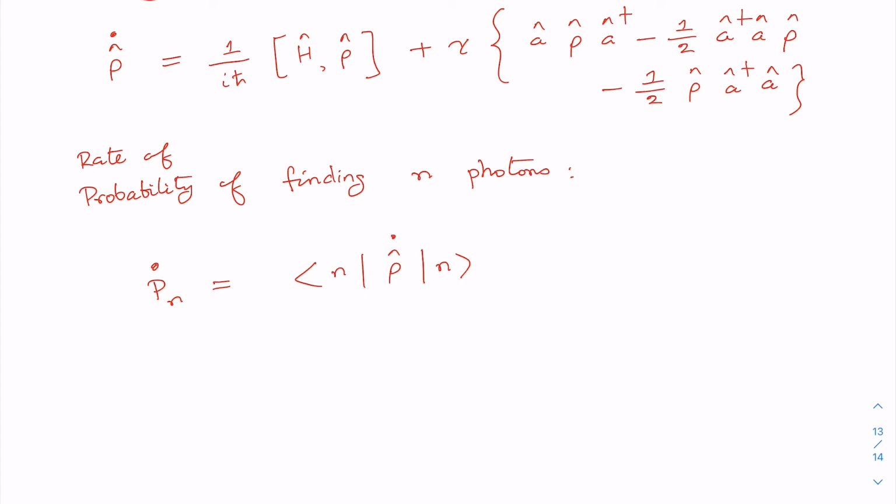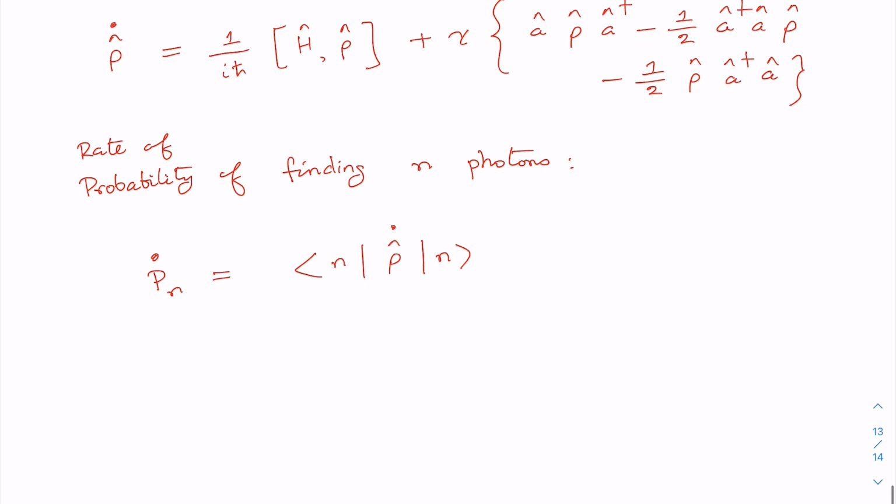So I have to take 1 by i h-bar <n|, and here it will be H rho. This is basically the coherent evolution part, and because the Hamiltonian is diagonal in the Fock state, this term is actually going to be 0.